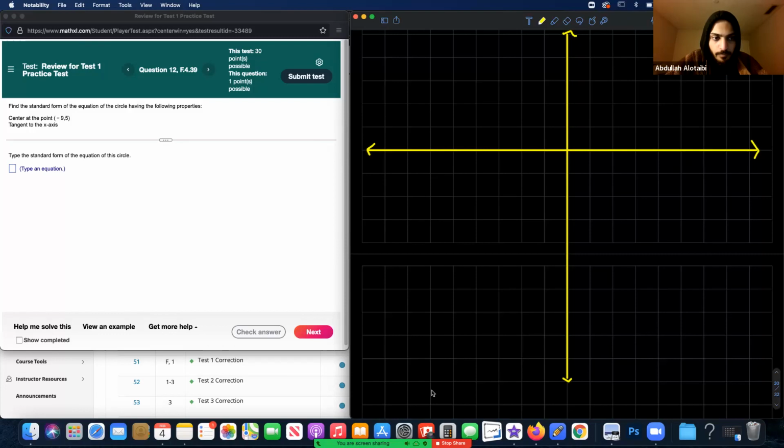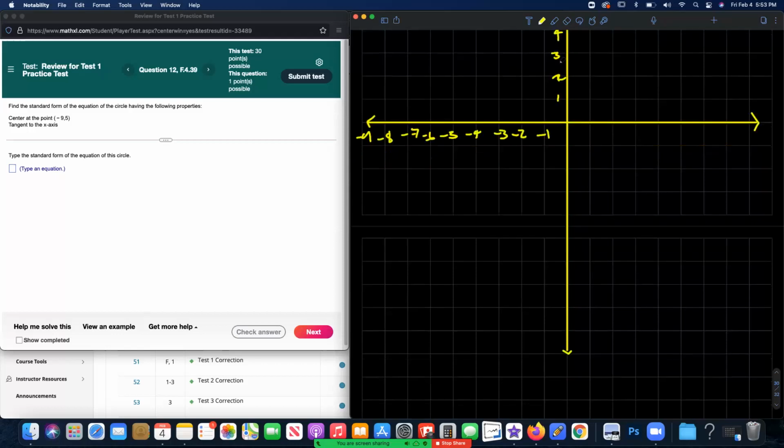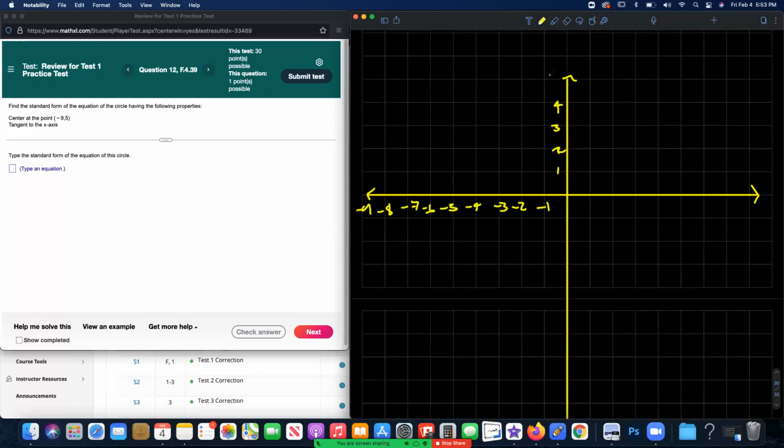All right. So visually, let's take a look at what we're talking about. So the center's at -9, 5. So -1, -2, -3, -4, -5, -6, -7, -8, and -9. Okay, and it said -9, +5. 1, 2, 3, 4, 5.